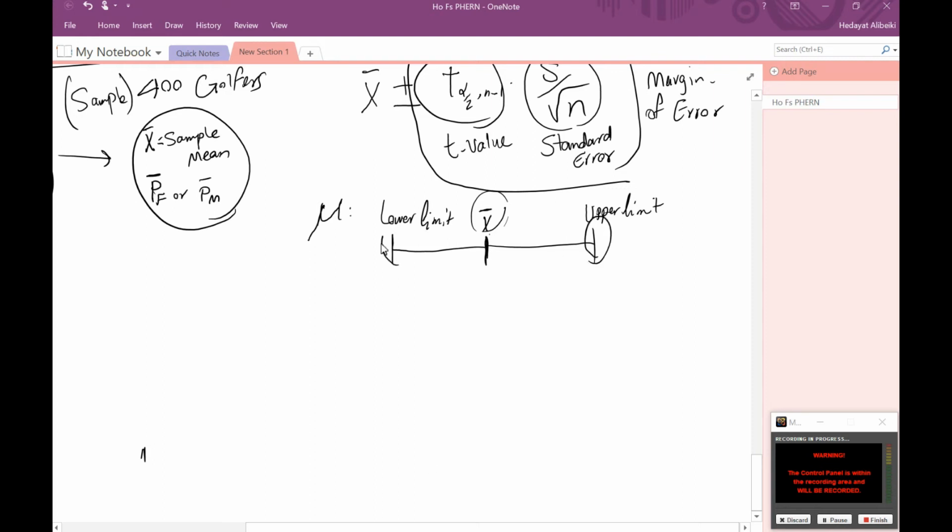So that's what I mean by finding the confidence interval. You have to find the upper limit and lower limit, and in order to find those two, it's sufficient to find the point estimate x bar and margin of error. So x bar plus margin of error is the upper limit, and point estimate minus margin of error would be the lower limit. So let's just go ahead and do this.